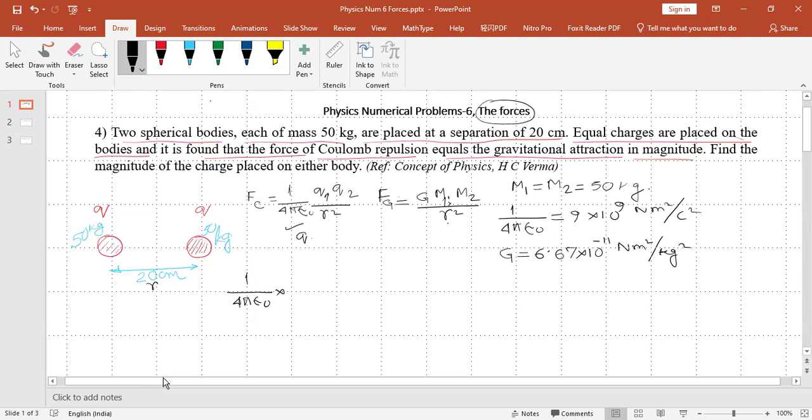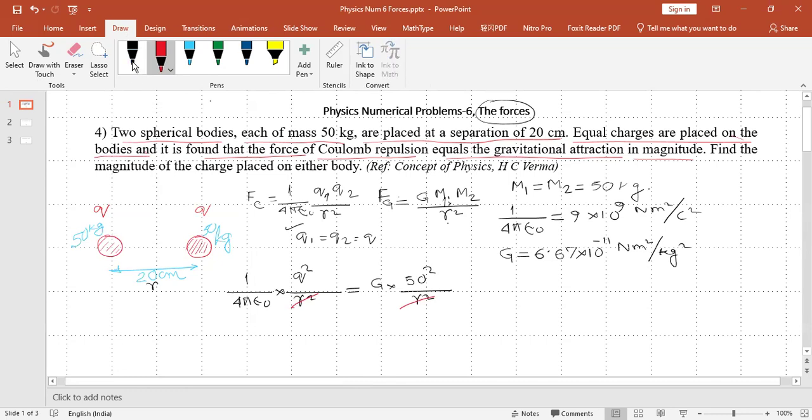Let us consider Q1 is equal to Q2 equal to Q, so it is Q square divided by R square. This is equal to G into M1 M2, both 50 into 50, divided by R square. Now, this R square and this R square get cancelled.